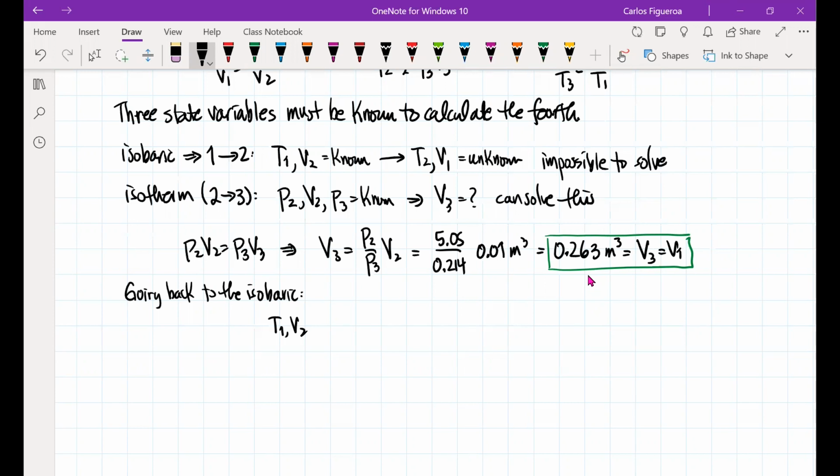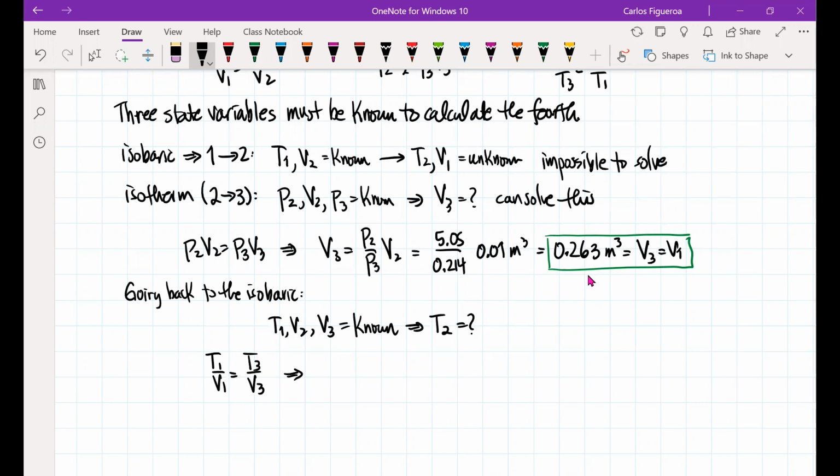I know volume 2, and I now know volume 3. These are known. So that tells me now that I could solve for the temperature of 2. So now I look at the isobaric condition, which then says T1, V1 has to equal T3, V3.